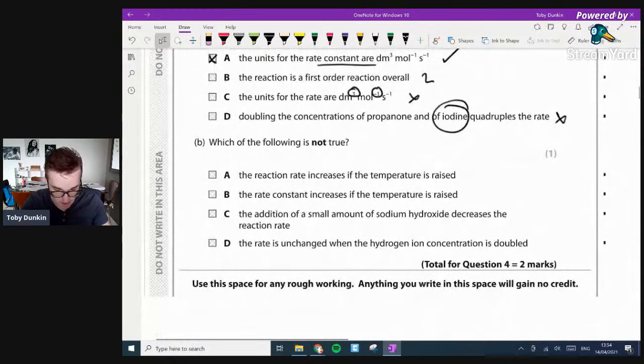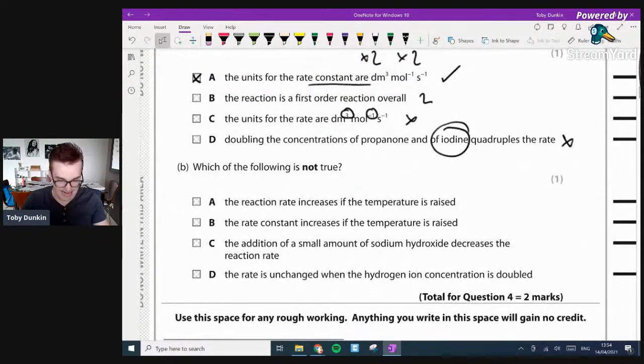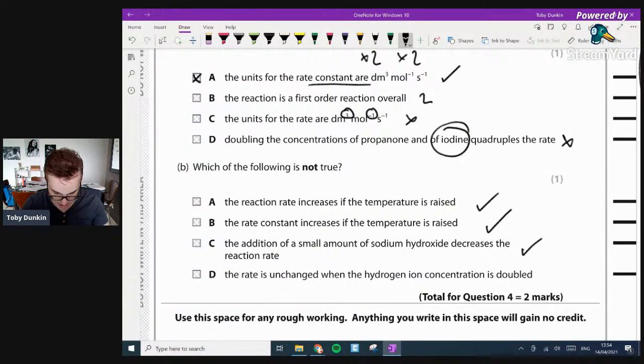Moving on. Which of the following is not true? The reaction rate increases as temperature is raised, always. The rate constant increases as temperature is raised. Yes, that's true as well. The addition of small amounts of sodium hydroxide decreases the rate of the reaction. Yes, because you're removing the catalyst. The rate is unchanged when the hydrogen ion concentration changes, that's not true.